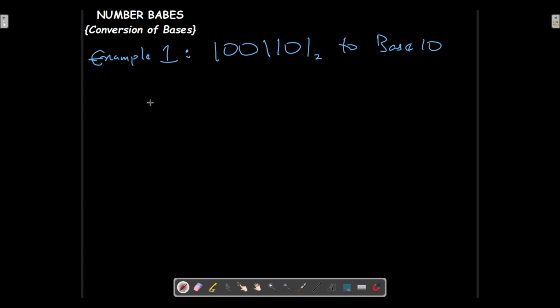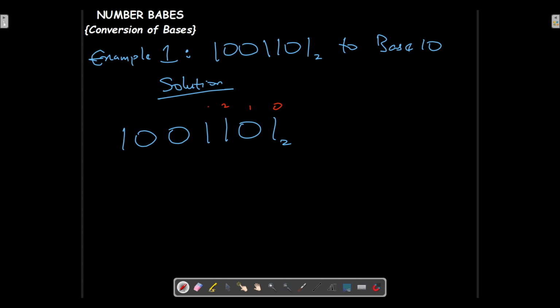Number these according to place values. Say we have 1001101 base 2, and we have the place values, we start from 0, 1, 2, 3, 4, 5, 6.